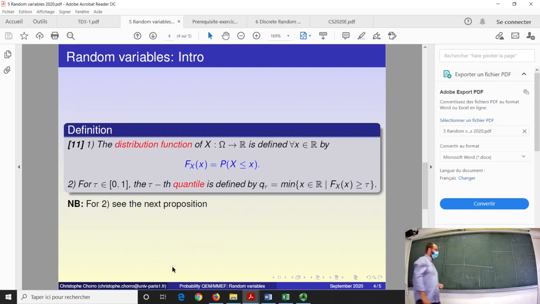Second case: what happens if x is positive or equal to 0 and strictly less than 1? My indicator function takes values in 0 or 1, and it takes the value 0 when I am in A complementary.